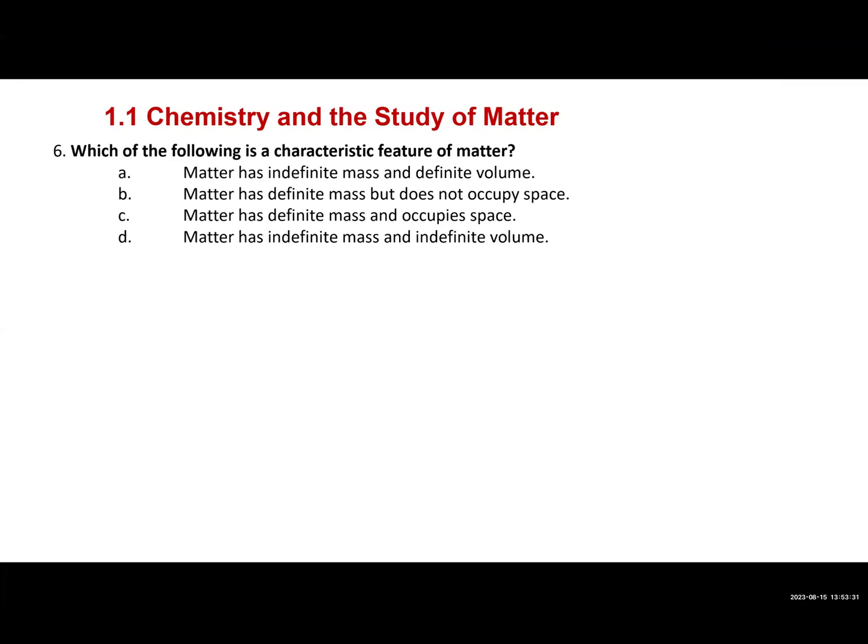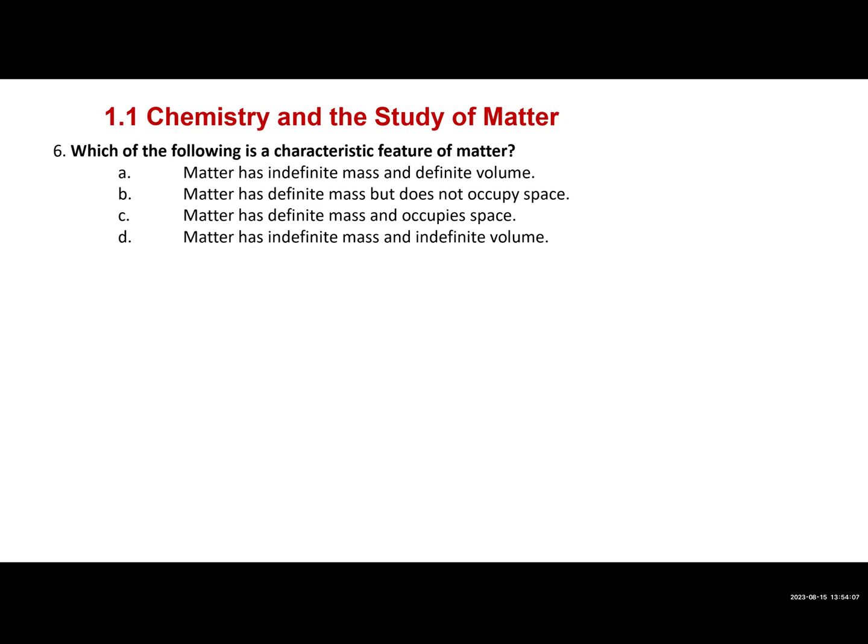Okay. Matter has definite mass and occupies space. Which one is true out of those four? Let's see. Matter has definite mass but doesn't occupy space.